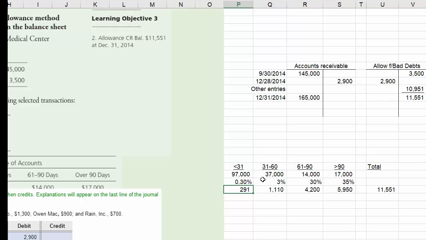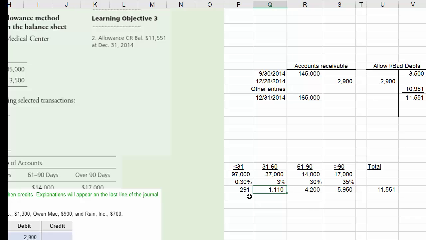So if I do the multiplication, I'll hit the F2 here. So I take the value of what's in cell P22 times P23. So take the 97,000 times 0.3%, and that's how much we think is going to go bad of our accounts receivable balance that is stratified by how old it is.